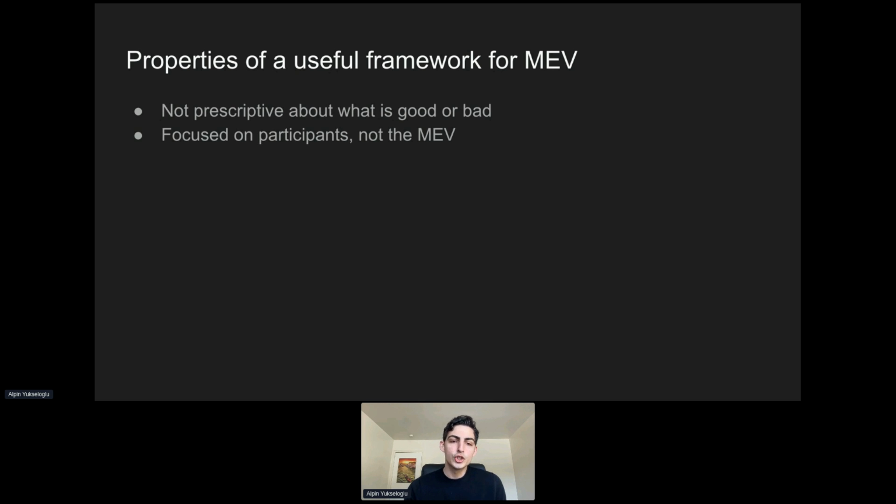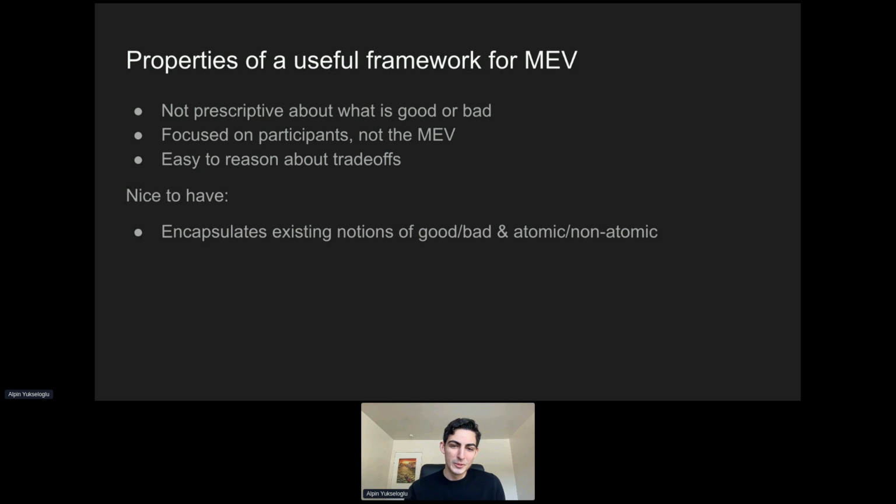Another is that it should be focused on at least some participant in the system as opposed to some technical characteristic of the MEV, which is largely just not useful. And then, perhaps most importantly, it needs to be easy to reason about the trade-offs. We can't shove under the rug this notion of mitigation. It's critical that we can actually understand what the impacts of our design decisions are. It would be nice, of course, as well, if we can capture existing systems in this new framework, just for the sake of making it easier for people to digest.